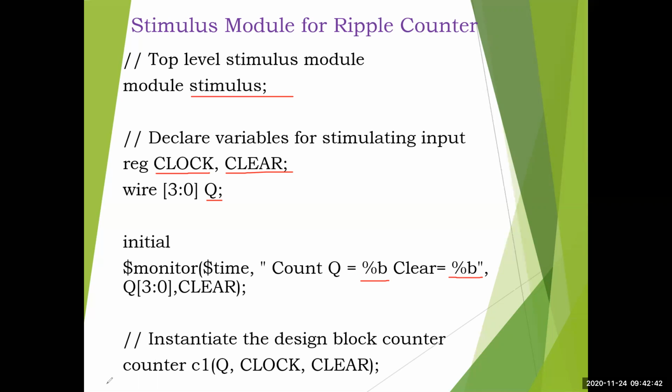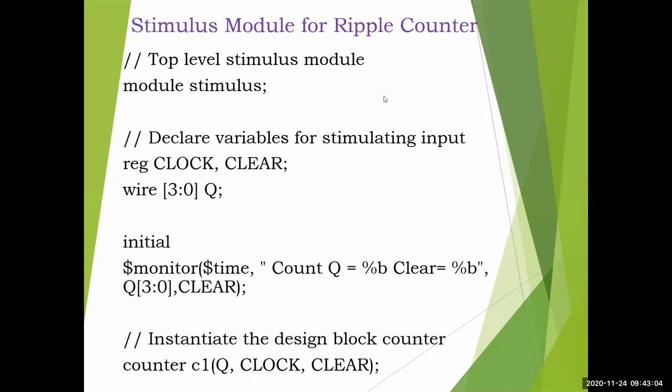Now the design we are calling, its name was module counter from the first program. For that the instance name is given c1 and it is passed q, clock, clear in the same order, that's why it is connecting ports by ordered list. If it is by name, the dot operator was used there. Hope the stimulus module is understood.